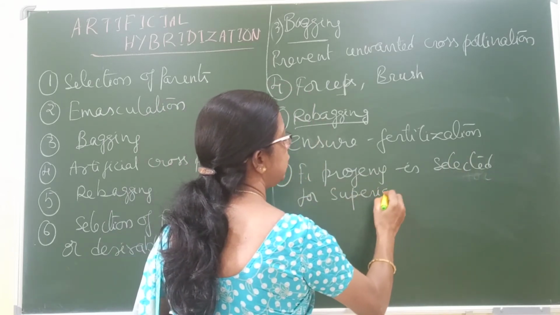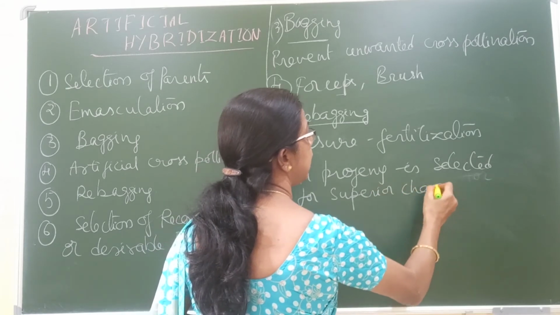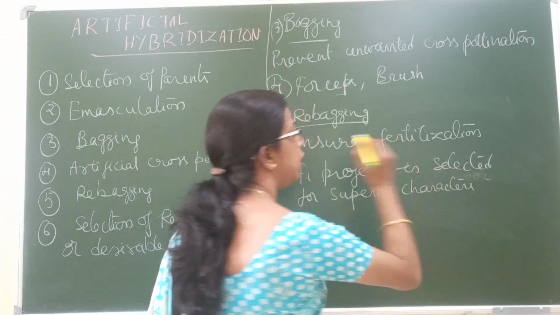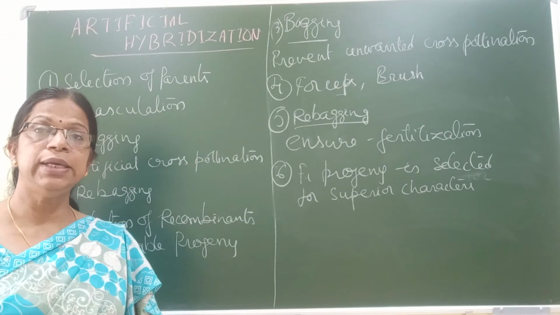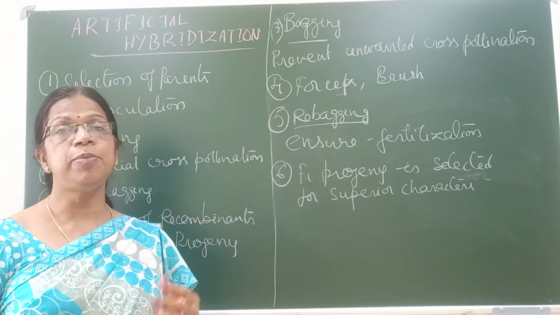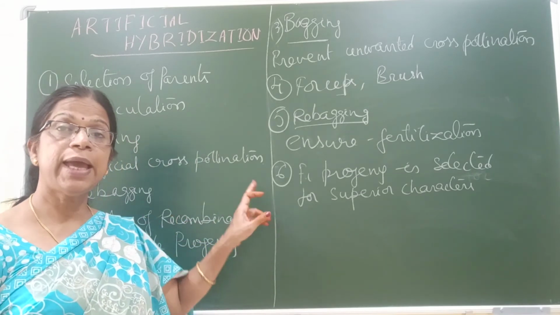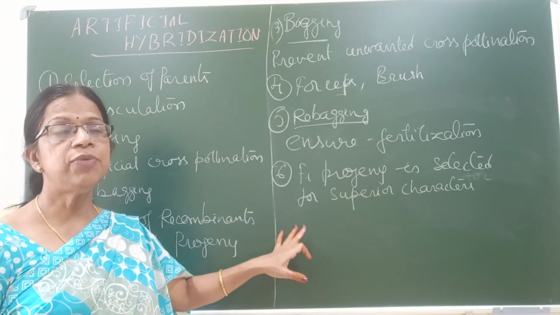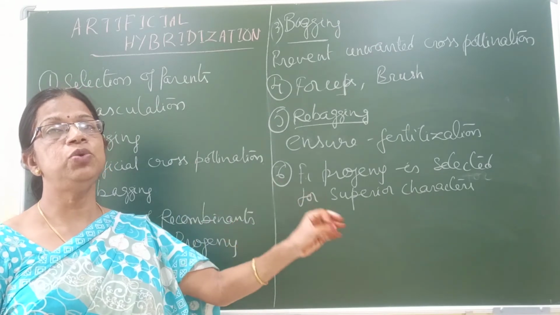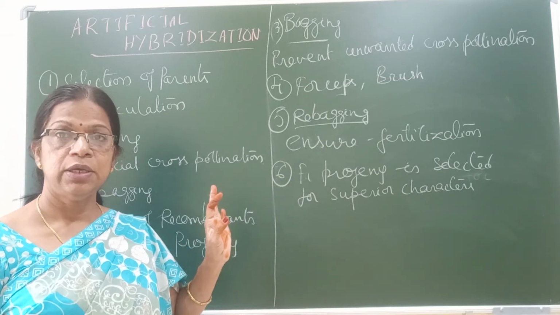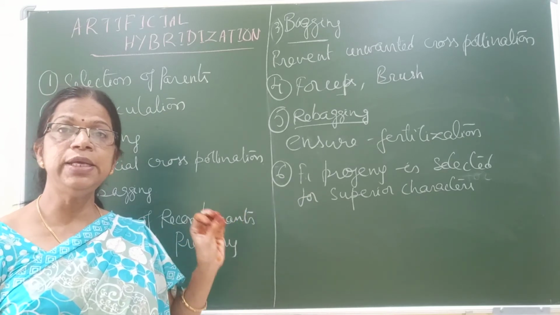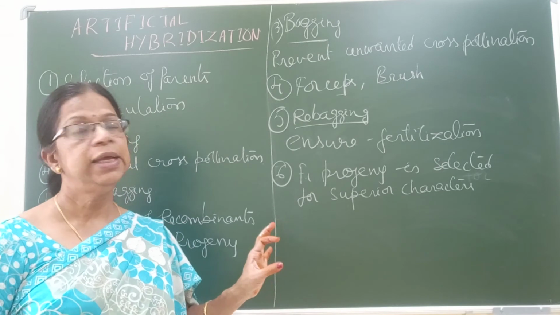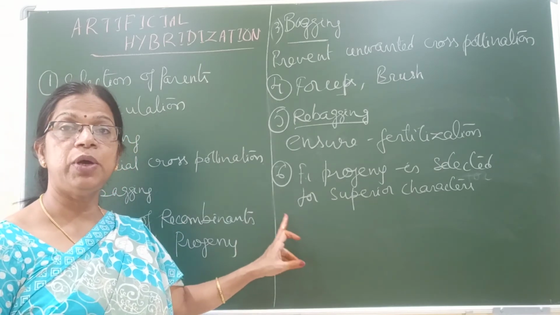Then this F1 progeny will be subjected to self-pollination because the characters are completely in heterozygous condition. So this F1 progeny cannot be used directly for cultivation. What is the next step? For at least 3 to 4 generations, it is subjected to self-pollination.